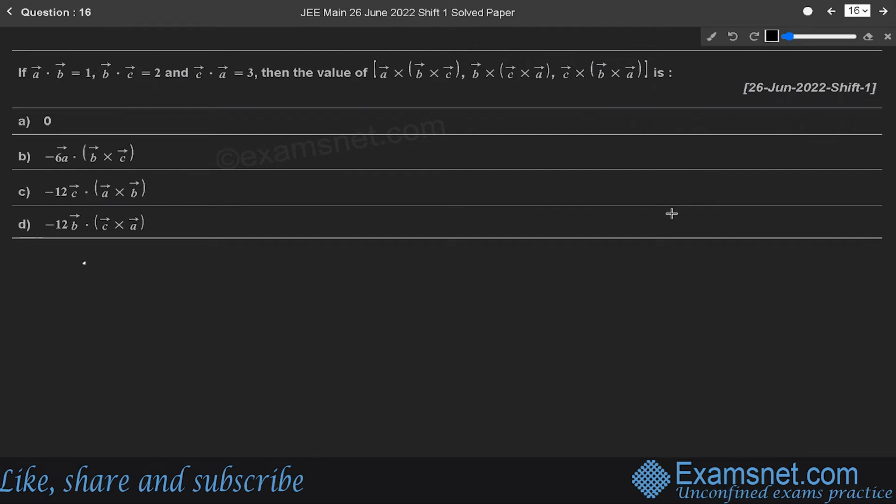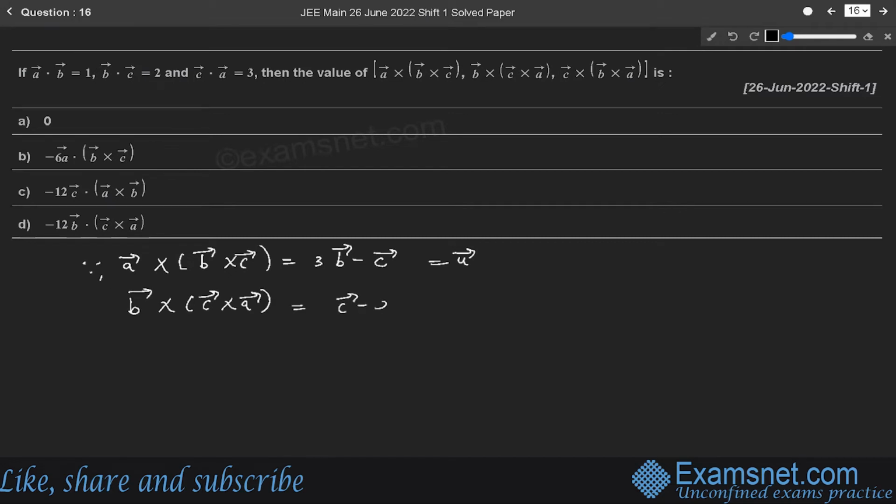Since we know that a×(b×c) will be equal to 3b - c, which is equal to u. Similarly, b×(c×a) will be equal to c - 2a, so it will be equal to v.